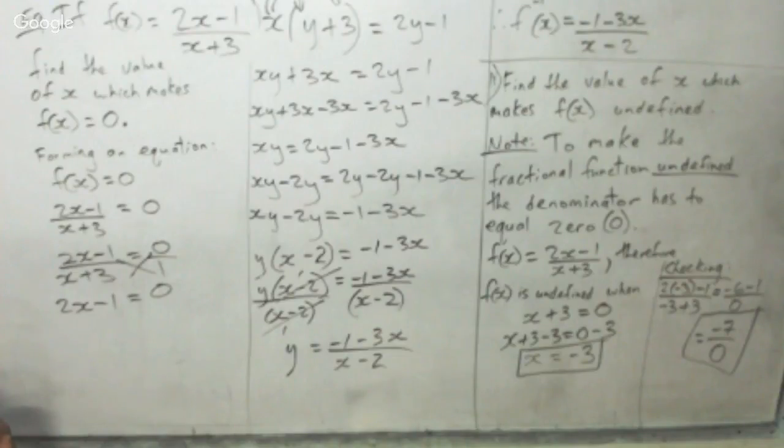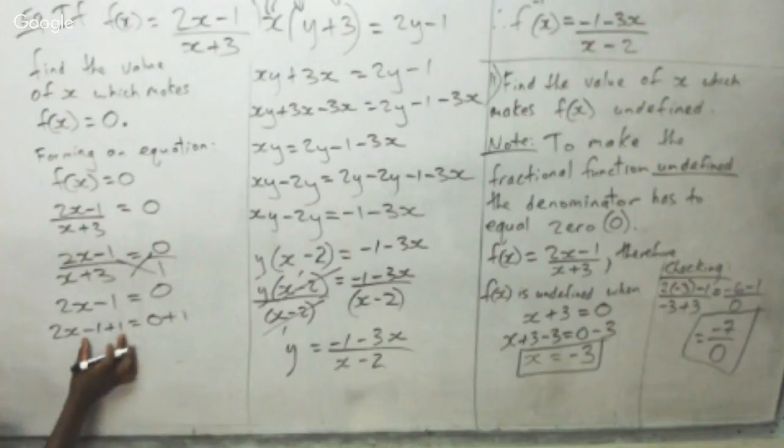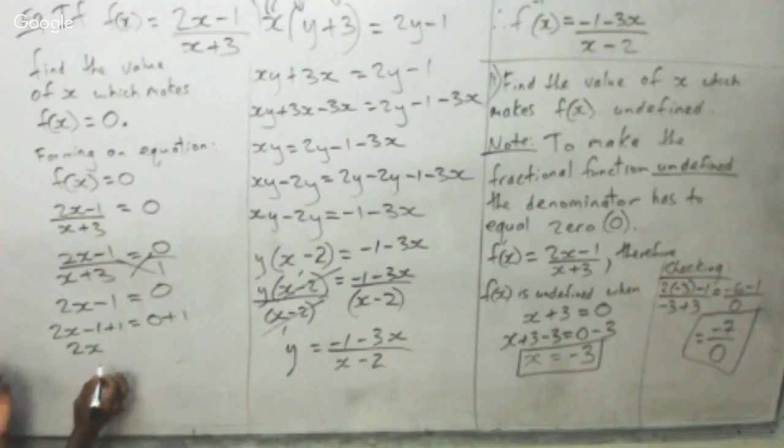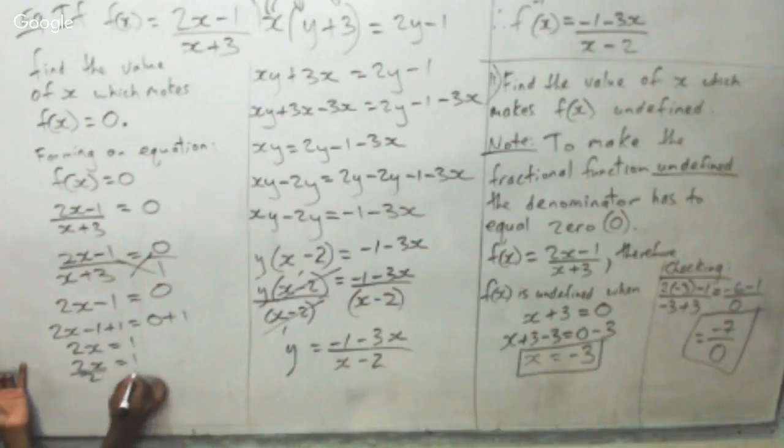Add 1 on both sides. 2x minus 1 plus 1 gives you 0, so that's why you add it, to get rid of it. So you're left with 2x equals 1. X is going to be equal to what? You're going to rewrite and divide both sides by 2.